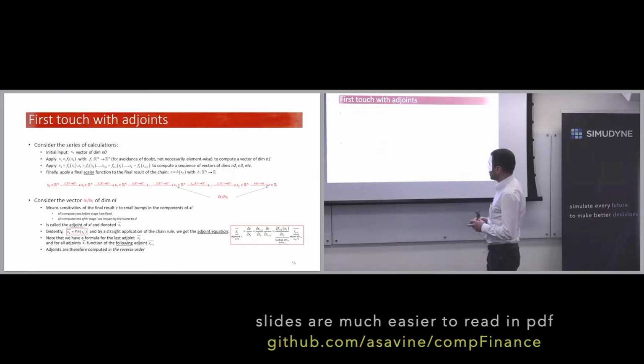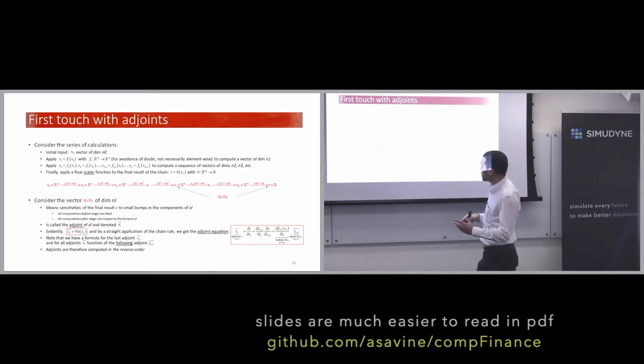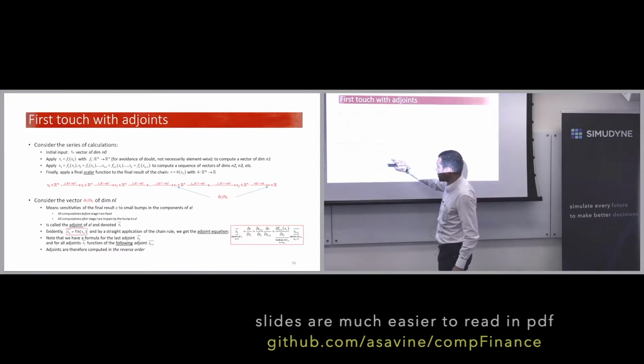And we are interested in dC over dxL, the sensitivity of the final result to small bumps in these intermediate results. Now, this guy is very interesting, dC over dxL, the derivative, the sensitivity of a final result to a small move in some intermediate result xL. And it's got a name, we call it the adjoint of xL, and we denote it xL bar.